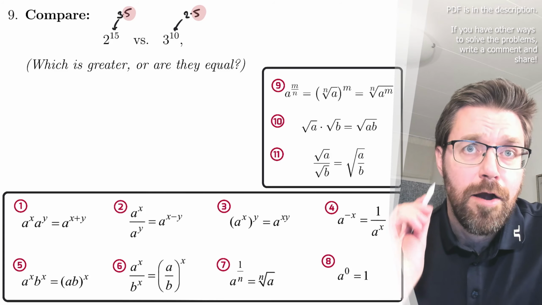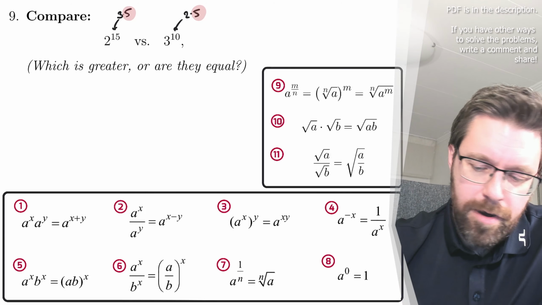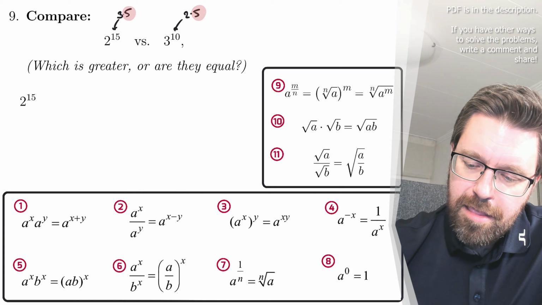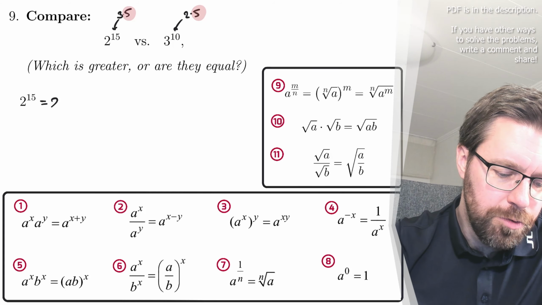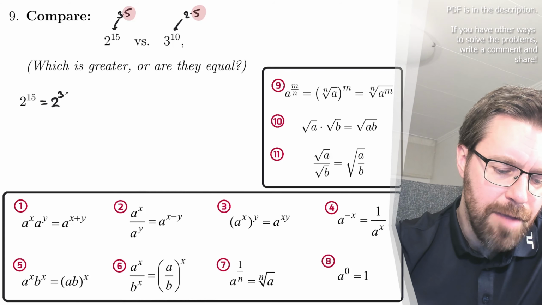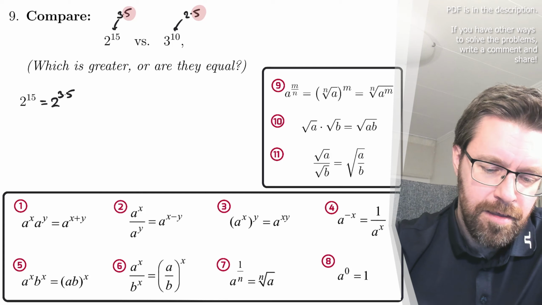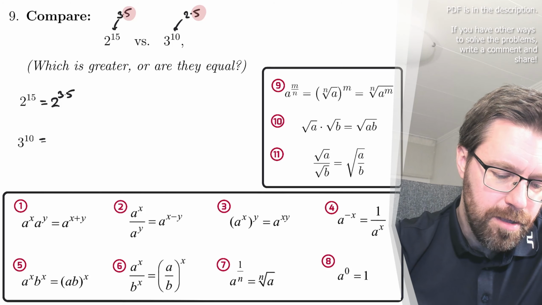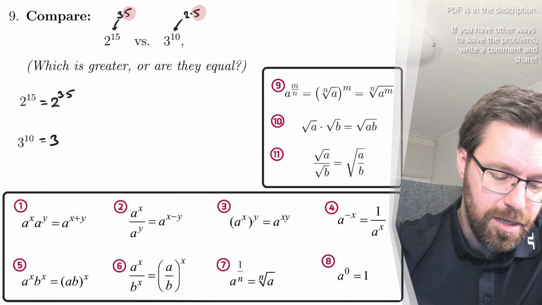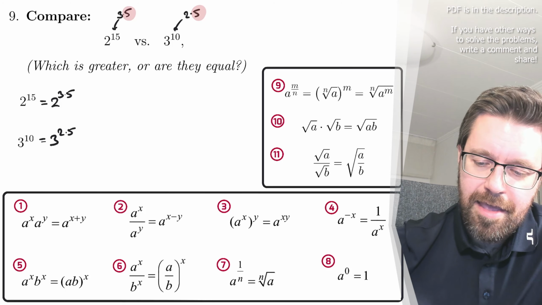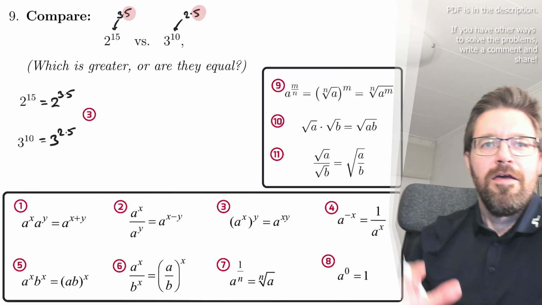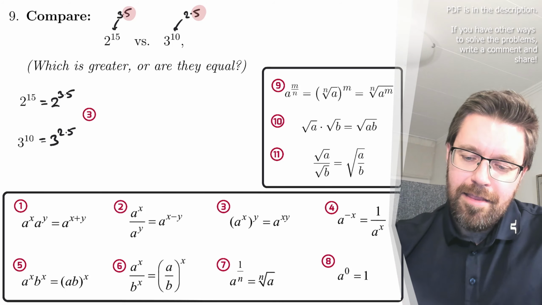And then we can rewrite this power here, 2 raised to the power of 15, like this. We can write it as 2 raised to the power of 3 times 5, and the other power we can rewrite as 3 raised to the power of 2 times 5. And then if we use rule number 3, we can write it like this.